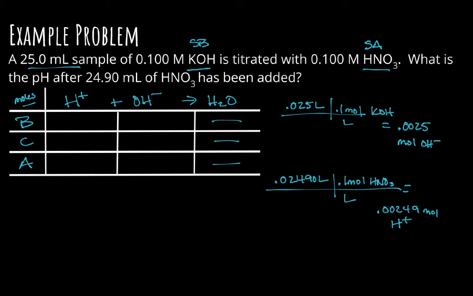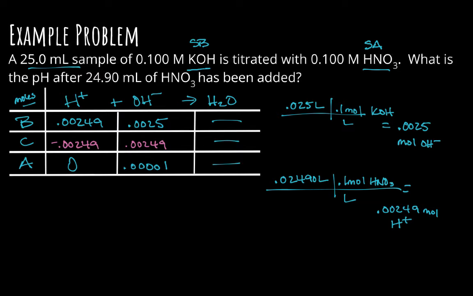The H plus was 0.00249, the OH minus 0.0025, and I'm going to subtract the one that is smaller. I have a smaller amount of H plus, so that's what gets used up. So 0 H plus left, 0.00001 mole of OH minus left.